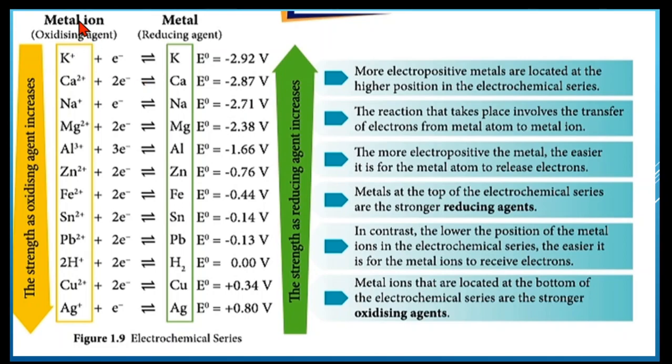This one is metal ion, this one is metal. Metal ion is oxidizing agent lah sebab dia terima elektron, become metal. Manakala yang ini adalah reducing agent because dia akan buang elektron become ion. So menuruni electrochemical series ini, the strength of oxidizing agent will increase.